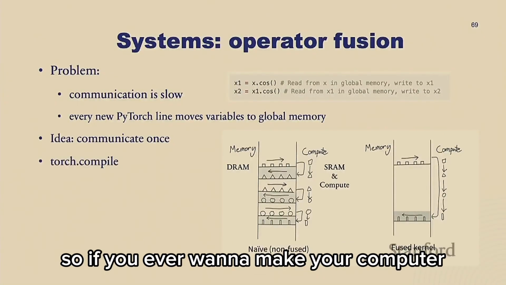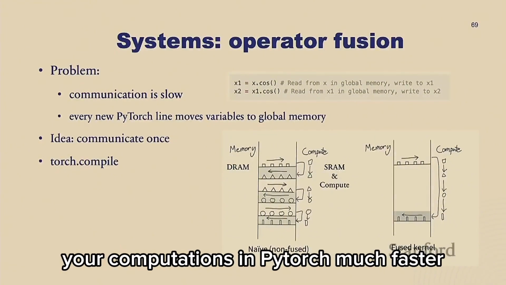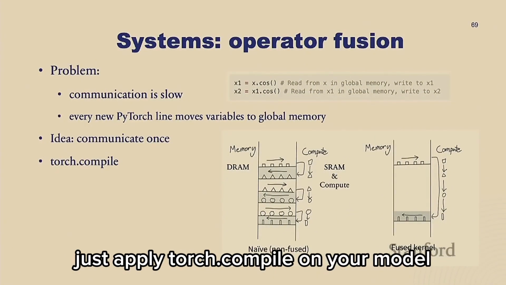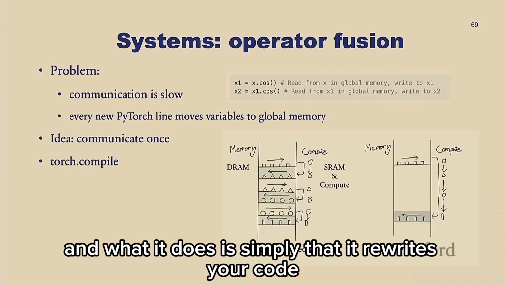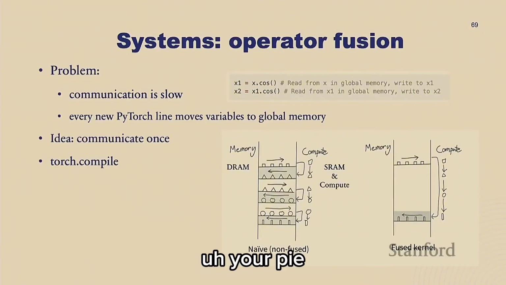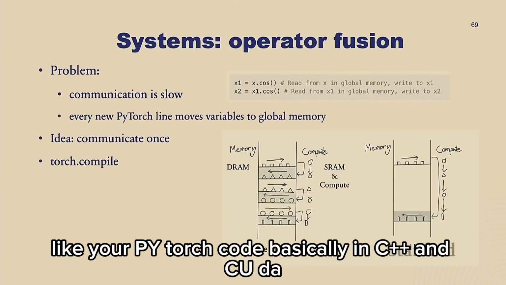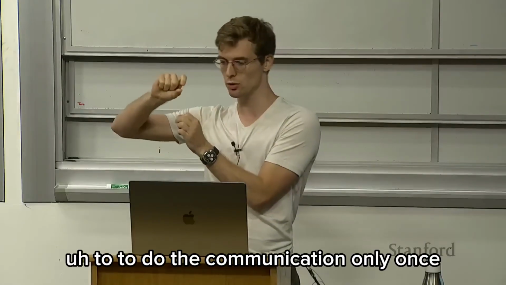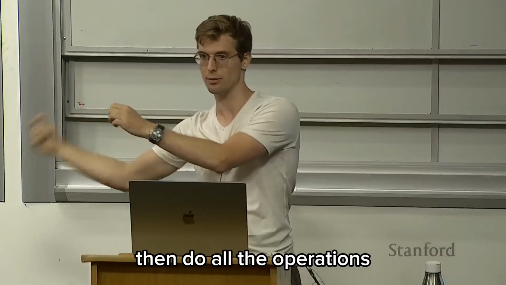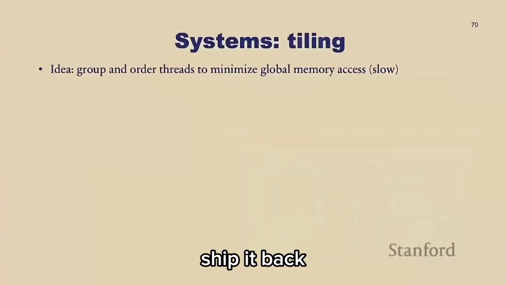So if you ever want to make your computations in PyTorch much faster, just apply torch.compile on your model. This is going to make your model around 2 times faster. What it does is simply that it rewrites your PyTorch code basically in C++ in CUDA to do the communication only once, then do all the operations, then ship it back.